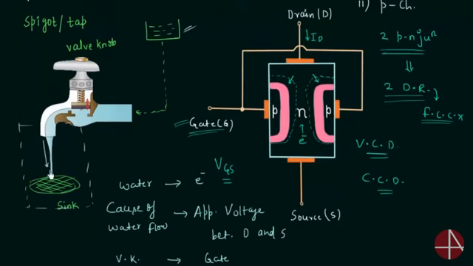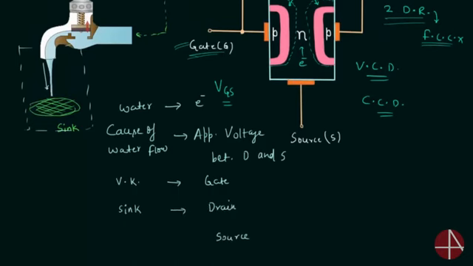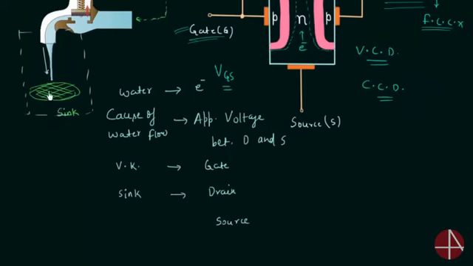This is water. The source of water is nothing but the spigot. So the source of water is the spigot, and this water is going to the sink, which is working like the drain. So the spigot is working like the source in case of JFET.